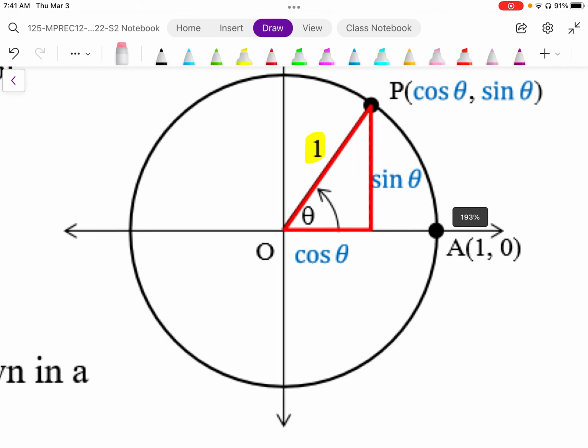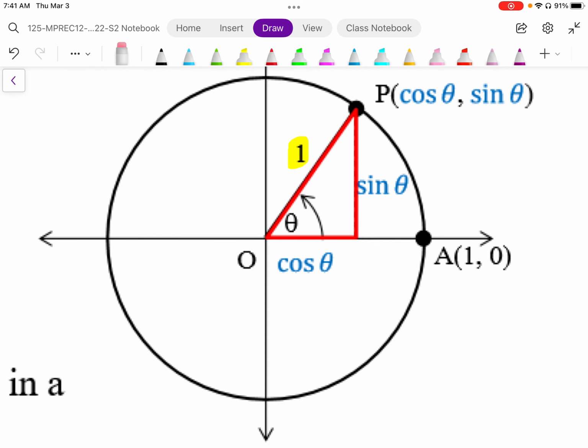So in this circle, the line of sine, this vertical line here, the length of that line is the exact same length as the actual sine value. And so we can use that as a coordinate here.